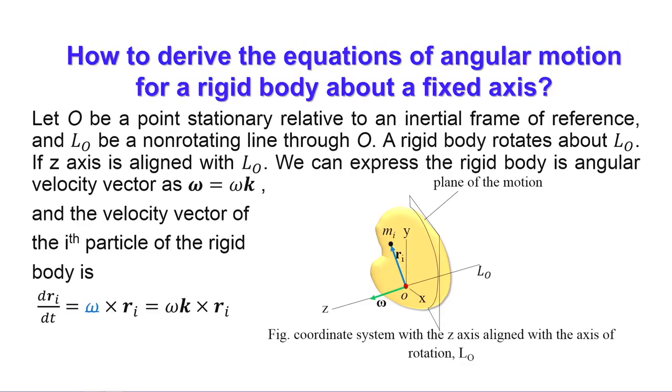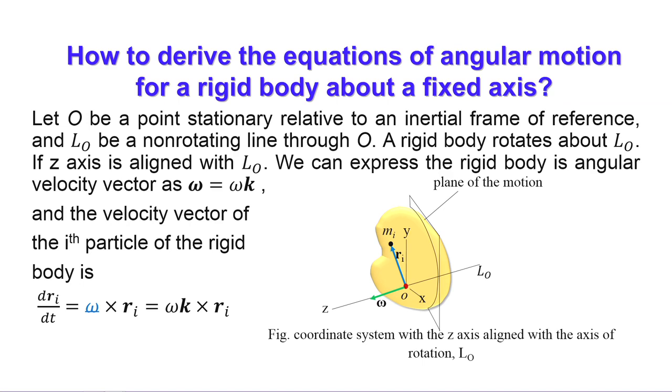Now we are going to find the equation for angular motion for a rigid body about a fixed axis. Suppose a rigid body is rotating about a fixed axis, this axis is L_0, and we align the z axis, which is fixed to the rigid body, with L_0, the z direction.